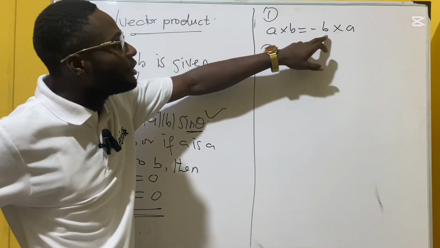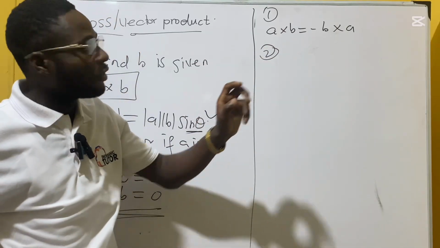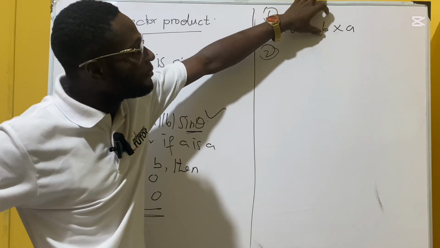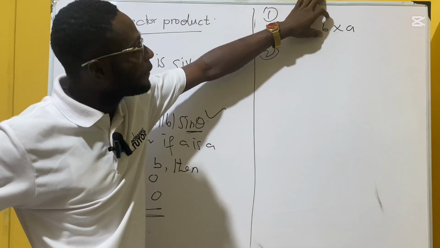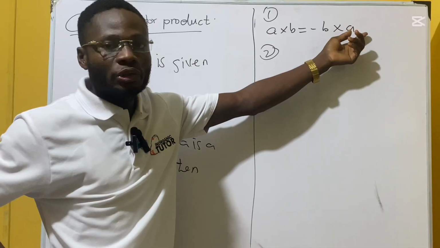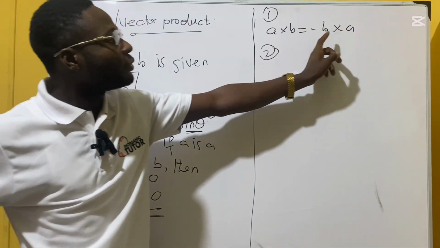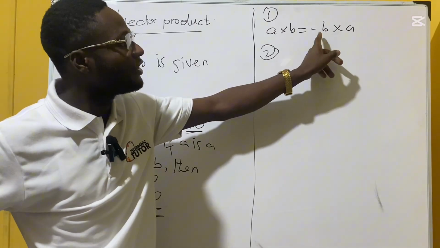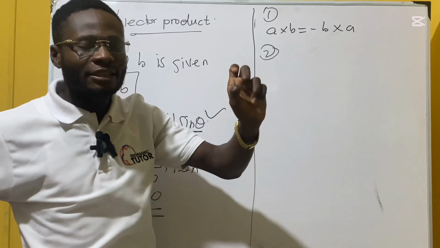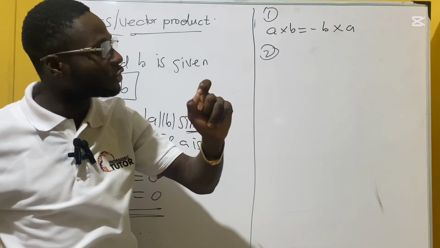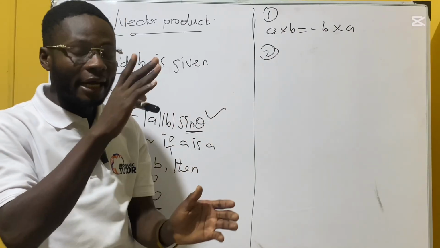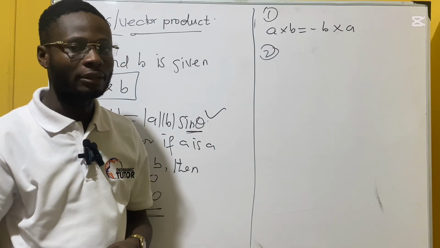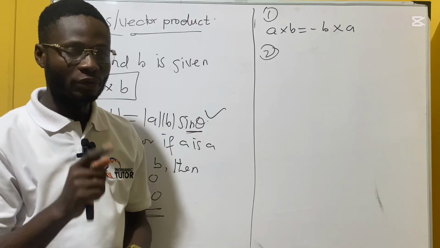You have to respect the order and maintain the order, because for instance, if B is a matrix and A is also a matrix, and you want to have the cross product of these two elements, then you have to really appreciate order, because once you change the position of A and the position of B, you're going to have a different result altogether. So let's take note of that.